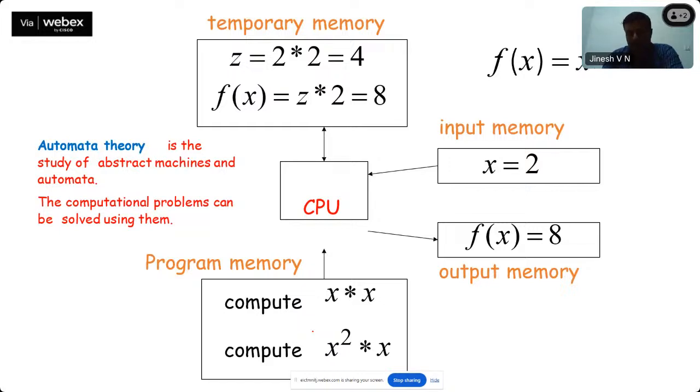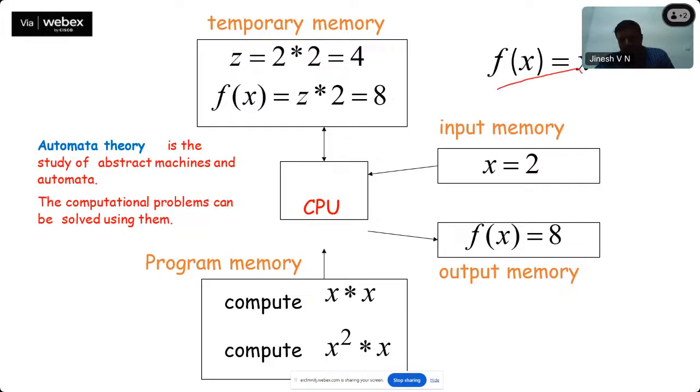Whenever we execute the program, the file is loaded into memory. Then the CPU executes the instructions one by one, and takes the values required by each instruction. In this example, I want to find x cube. At the top we can see the function f of x equals x cube.